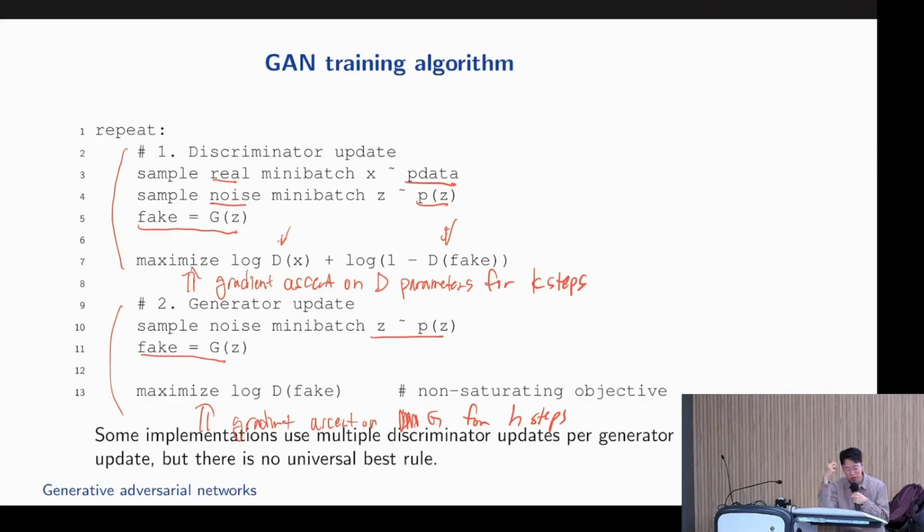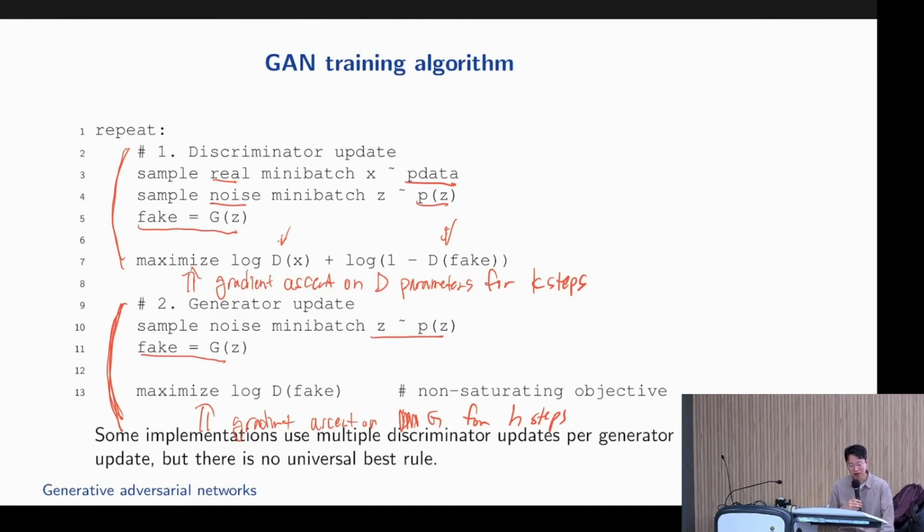So you want to slowly update the discriminator and give enough chance for the generator to catch up, because this is a much more difficult task if you think about it.